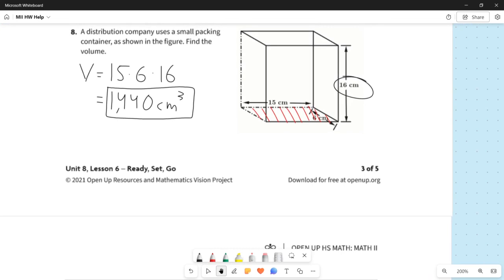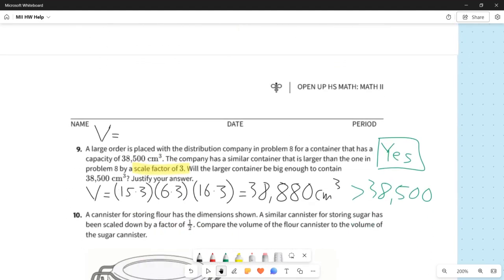Our answer for question 8 was 1,440. If I take that answer of 1,440, which is the volume of the smaller box, and multiply by something, I will get my final answer, which turned out to be 38,880.